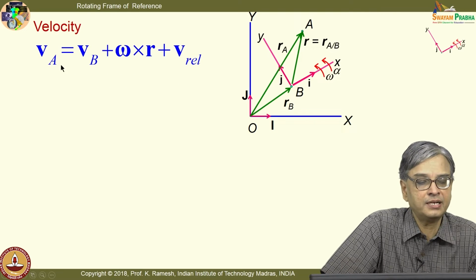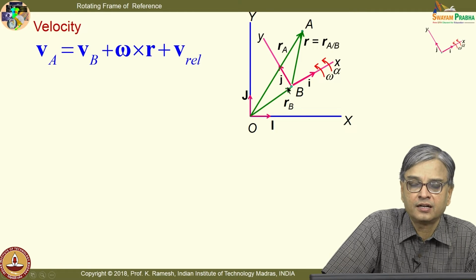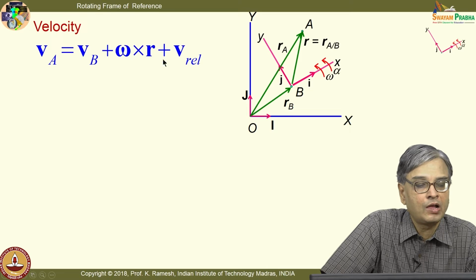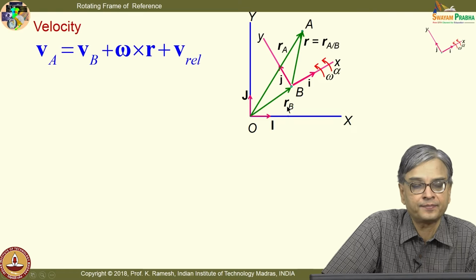The symbols A and B have specific meaning. B is the coordinate of the rotating frame of reference. That is the way we have labeled it, and A is the point of interest. If I have different points in the problem, you should be able to rewrite this expression appropriately.